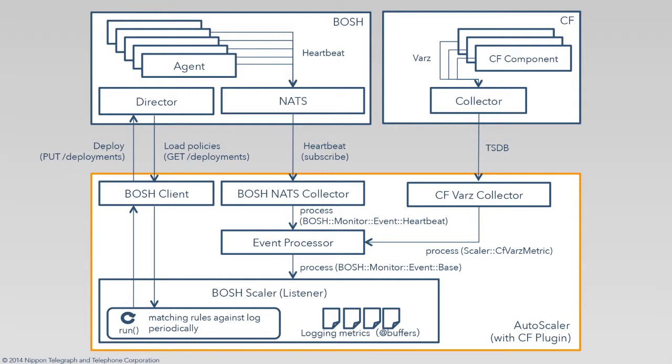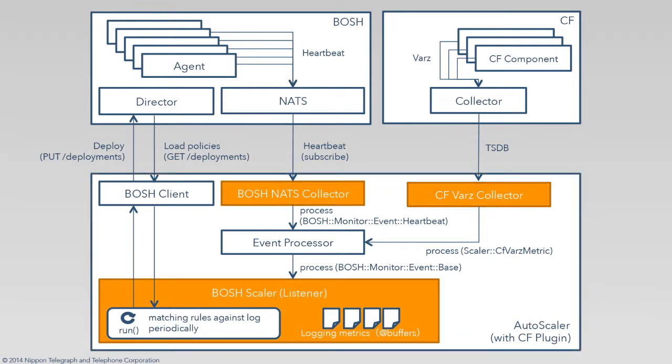Collectors are components for receiving information from input sources. For BOSH, the BOSH collector monitors the NATS server in BOSH and obtains heartbeat messages from the NATS server. These messages include basic metrics like CPU and memory usage.